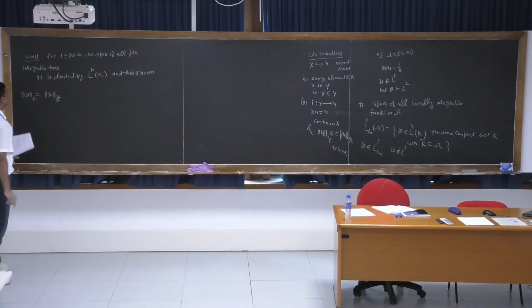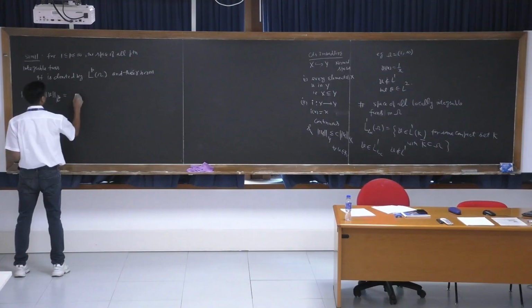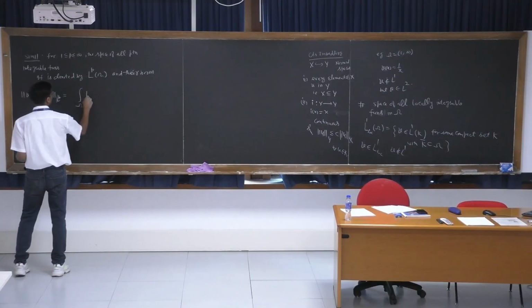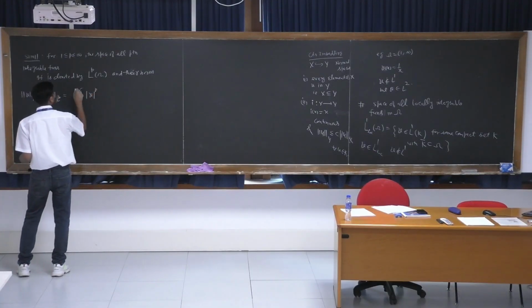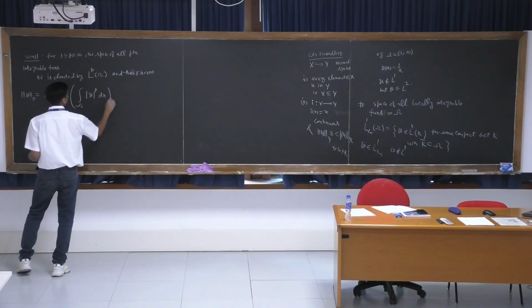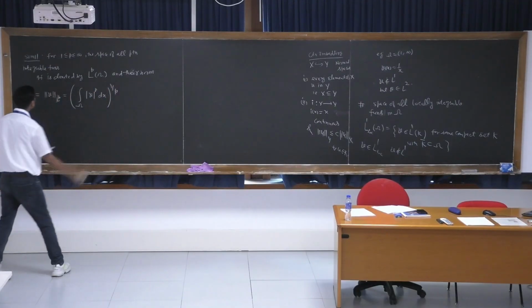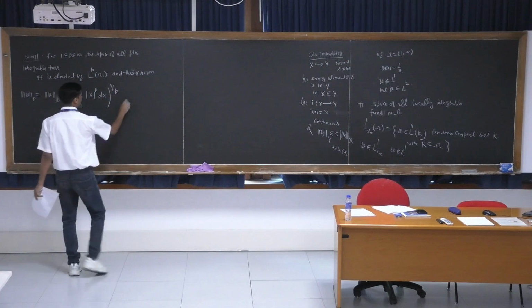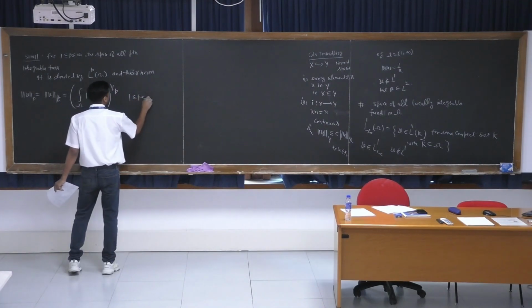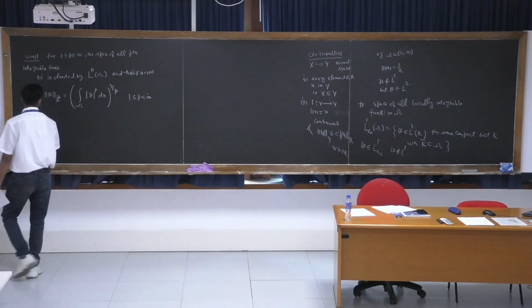This norm with p is equal to the integral over the domain of |v|^p, to the power 1/p. This is for p less than infinity.